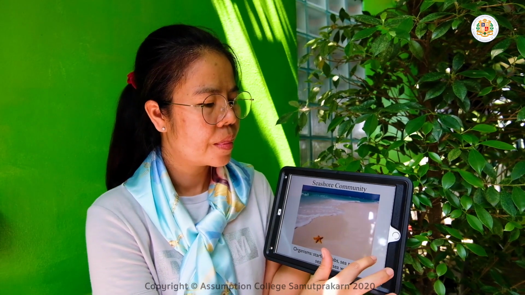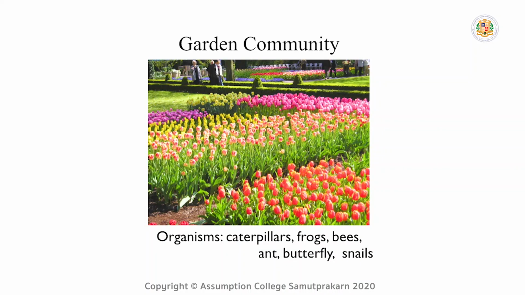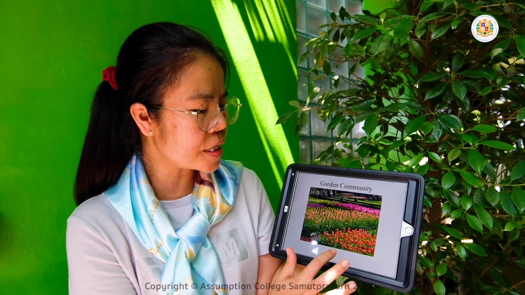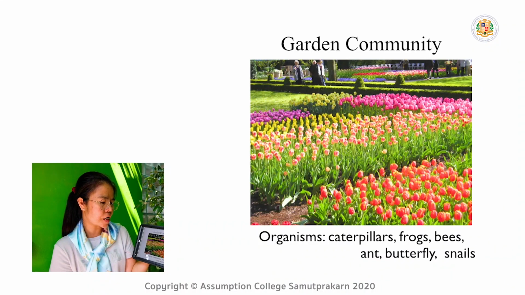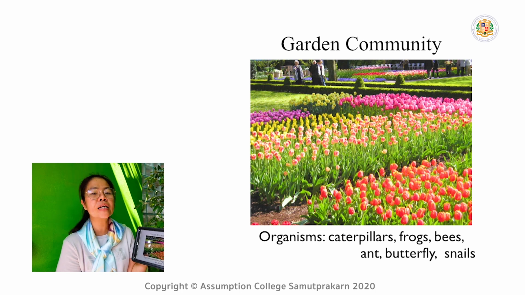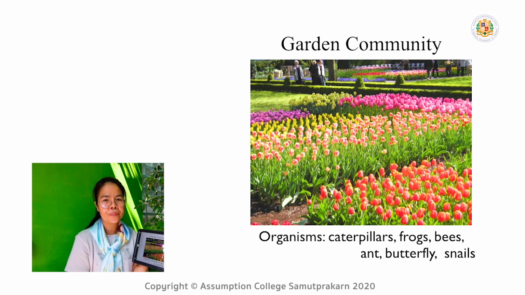Okay. And the last one, for example, garden community. In the garden community, we can find many organisms living here. Examples: caterpillars, frogs, bees, and butterflies, and snails.